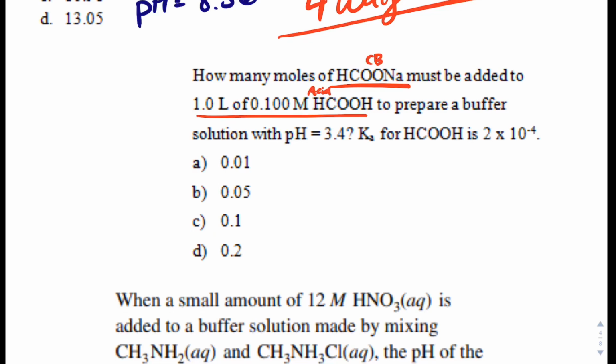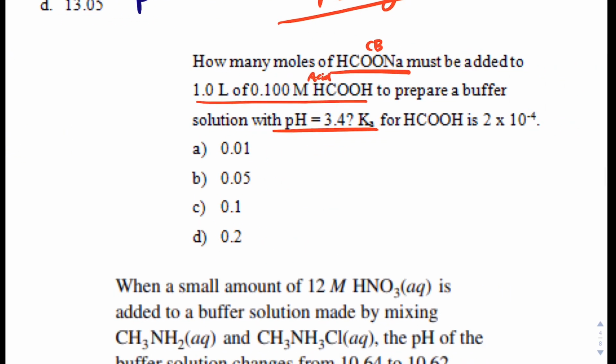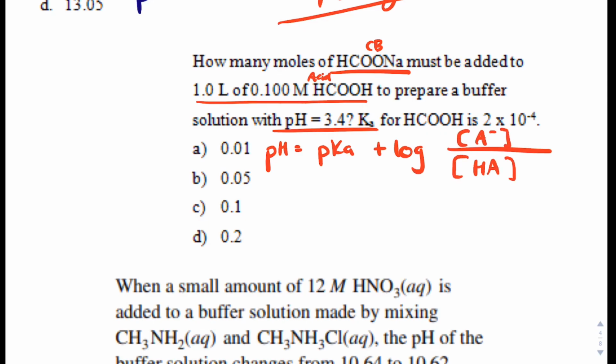This must be the conjugate base to prepare a buffer with a solution of 3.4. Those of you that are still in Algebra 2 probably have not gotten to logs or maybe have just started, but we're going to use Henderson-Hasselbalch. pH equals pKa plus log of HA in the denominator and your conjugate base in your numerator.